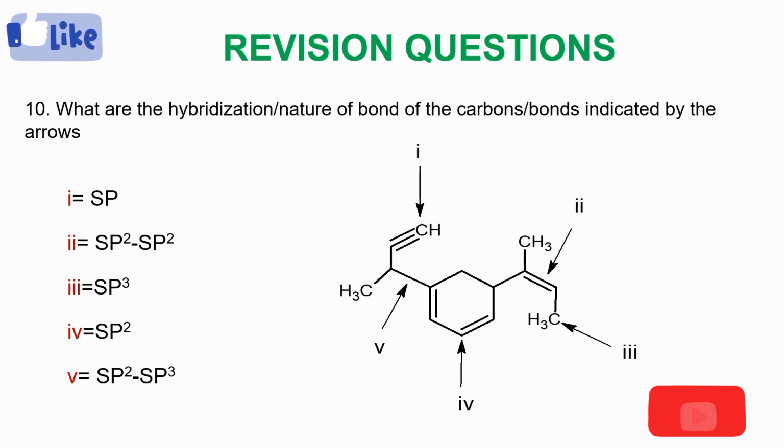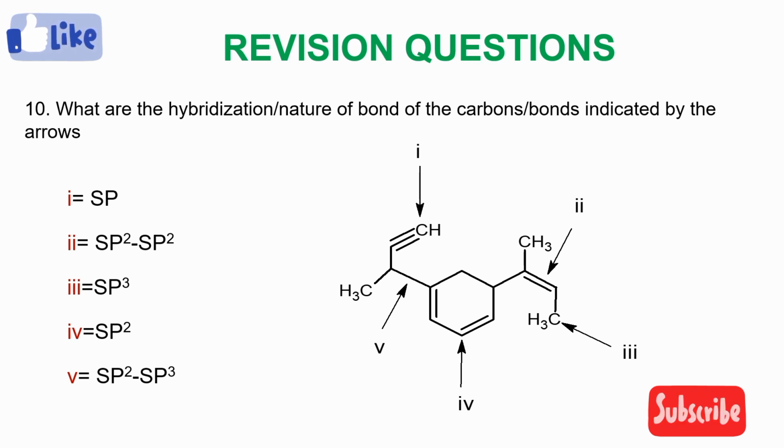What are the hybridization or nature of bond of the carbon or bond indicated by the arrow? Now this is combining atom and bond. So wherever you see arrow that is in between the two, that is not on the atom, it becomes bond. The I is talking about atom, and that I is triple bond, making it sp.